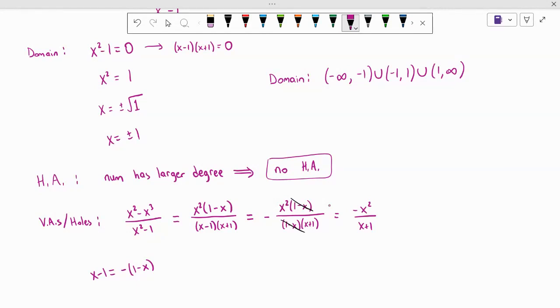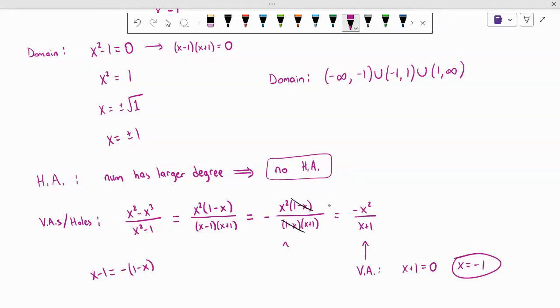Now, you're not always going to be able to factor or cancel something out, but if you are able to make any cancellations, then look at the final result to get your vertical asymptote. So in this example, we get 1 vertical asymptote when x plus 1 is equal to 0, so when x is negative 1.